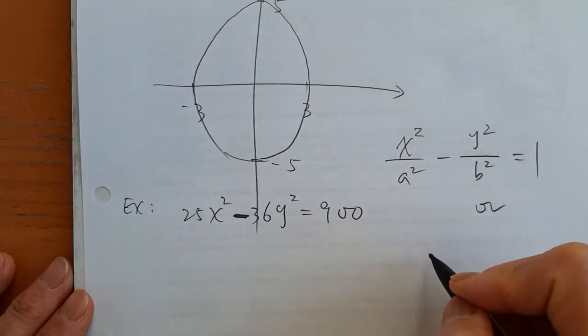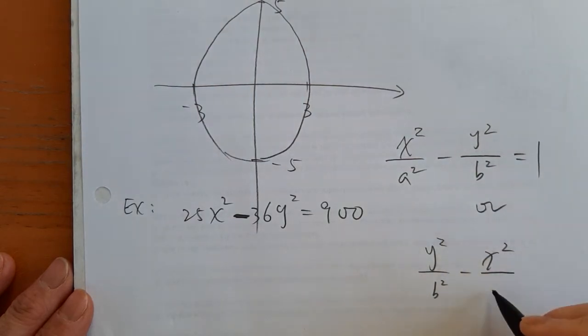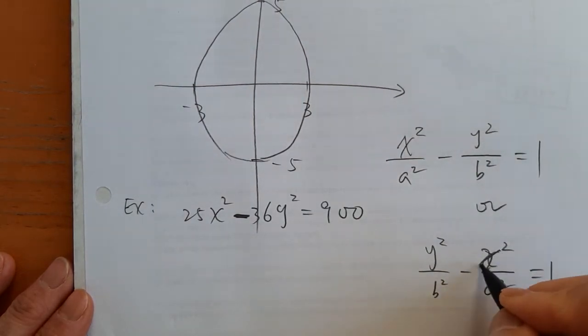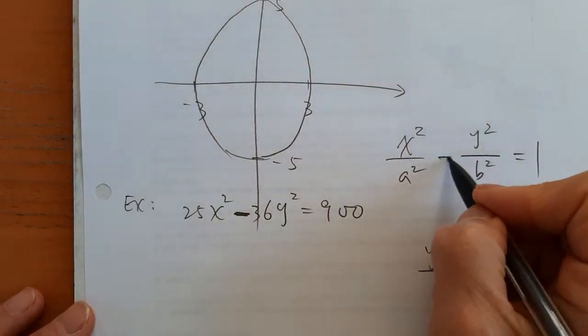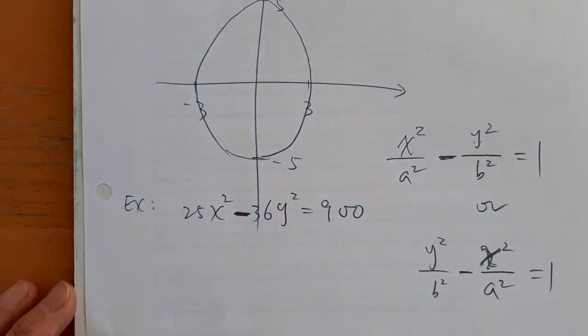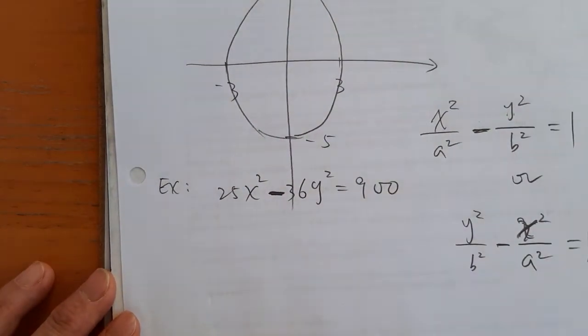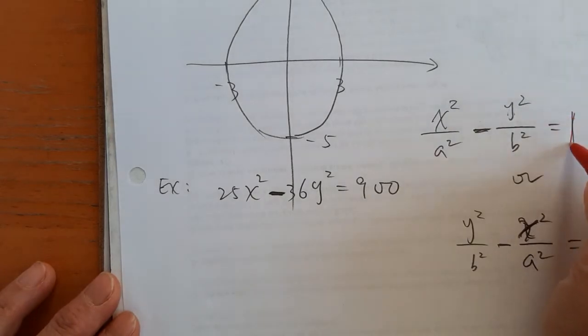Another one is y squared over b squared minus x squared over a squared equal 1. For this one the y term is minus. For this one the x term is minus. So there are two kinds.